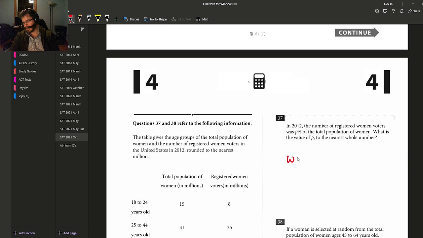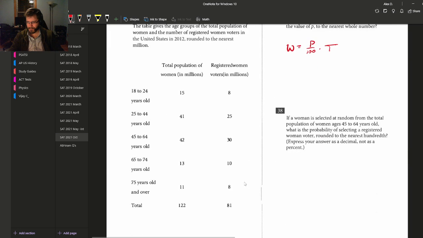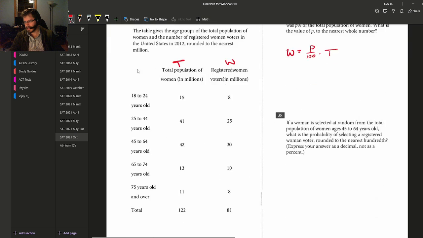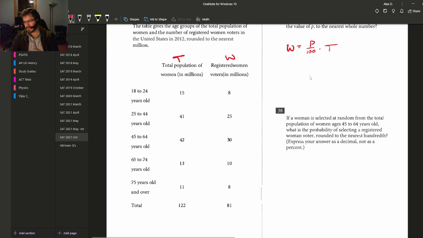So women is equal to P over 100 times the total population of women. So total population, so this is T, this is W. And this is all of them. So 81 equals P over 100 times 122.